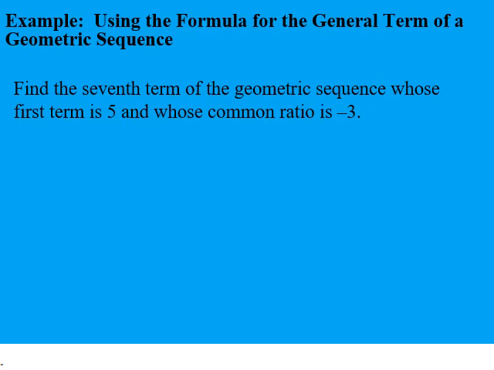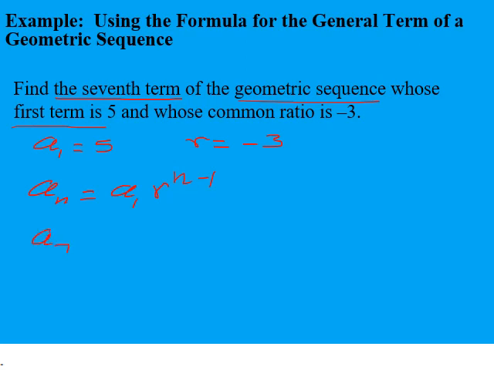For example, how can I use the formula for the general term to figure out the 7th term of a geometric sequence whose first term, a1, is equal to 5 and its common ratio is equal to -3? So an is equal to a1 r to the power of n minus 1.